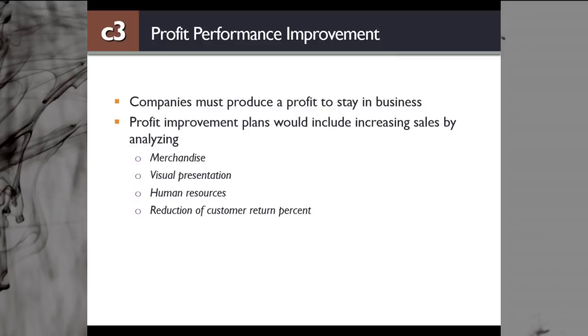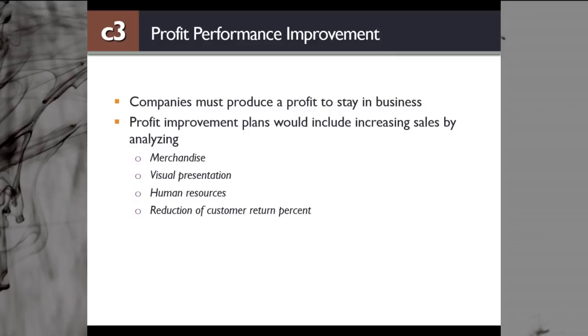There are a few different ways, by analyzing certain things, and these include merchandise. So how you control the merchandise, also cost of merchandise sold, and assortment of the merchandise will be related to the profit performance, and visual presentation too, and human resources, so how many people you have and about your good managers and so on.